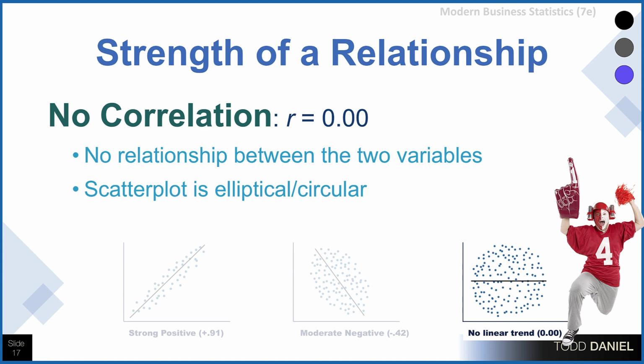If there is no correlation between x and y, then the correlational coefficient would equal 0, and there would be no relationship between the variables. We would see no linear trend, and the scatterplot itself would be elliptical or circular or cloud-shaped, where we would not be able to draw a line in any particular place that would represent a relationship between those variables.